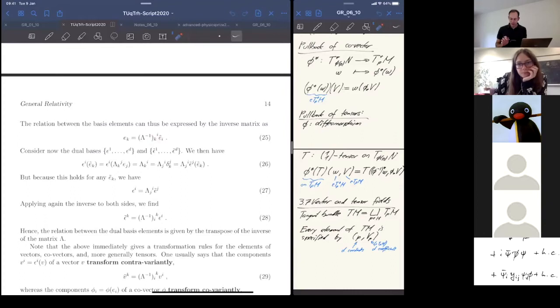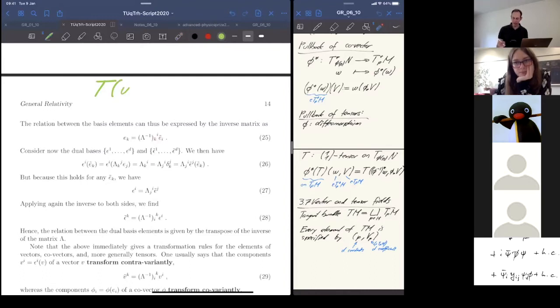So let me first of all say that when we are talking about tensors, which we didn't do here, that's why I generally use that thing. And maybe let me just write into these notes here. So remember what a tensor is. Of course, it takes as arguments covectors and vectors.